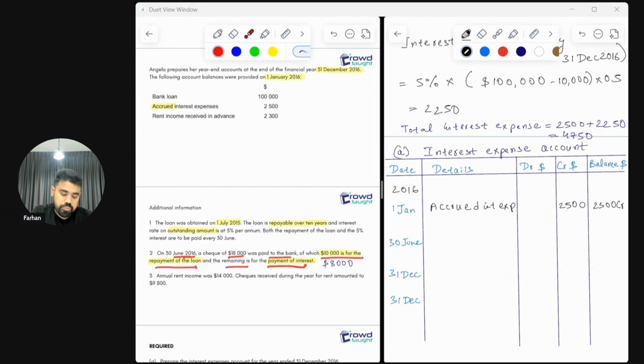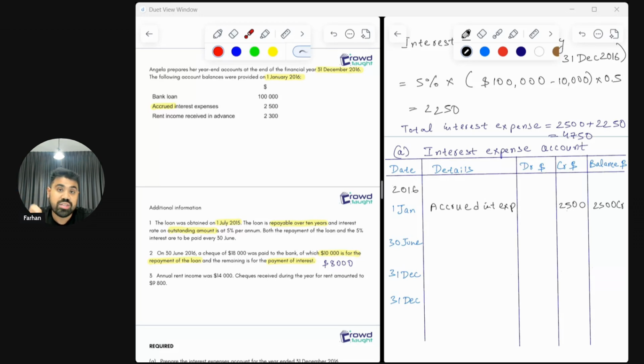Okay. Now, when we are making a payment for interest, what is the journal entry? Debit interest expense and credit the cash at bank. Now, why is the cash at bank being credited? Because the question explicitly mentions the word check, and cash at bank is credited because assets are going down. Our funds available in the bank account are going down. So when assets go down, we credit it.